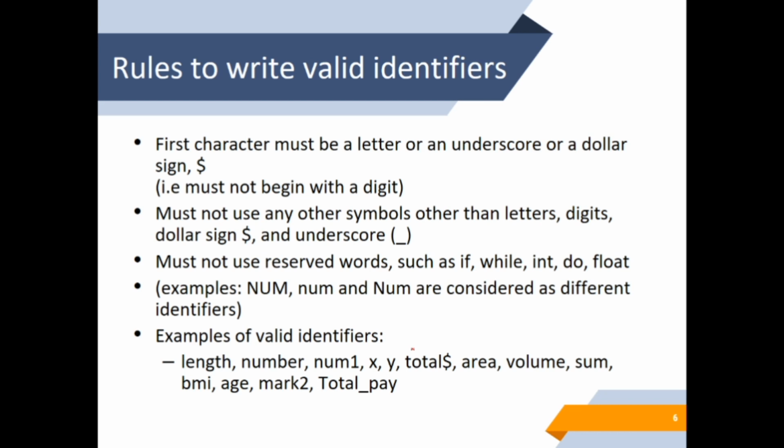There are rules to write valid identifiers. The first one, the first character must be a letter or an underscore or a dollar sign and cannot begin with a digit. Number two, we must not use any other symbols other than the letters, digit, dollar sign and underscore.